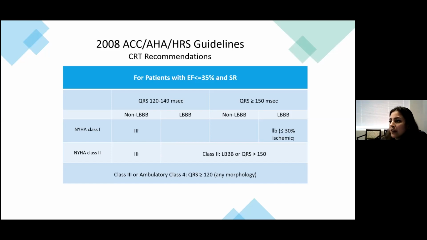If the patients had less than 30% EF and they are ischemic, they still qualify for CRT. This is an easier way to understand the CRT guidelines in this population.